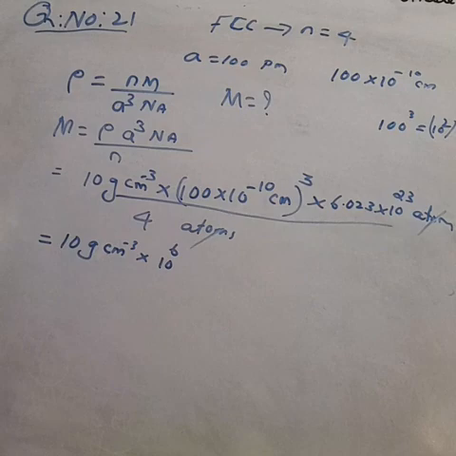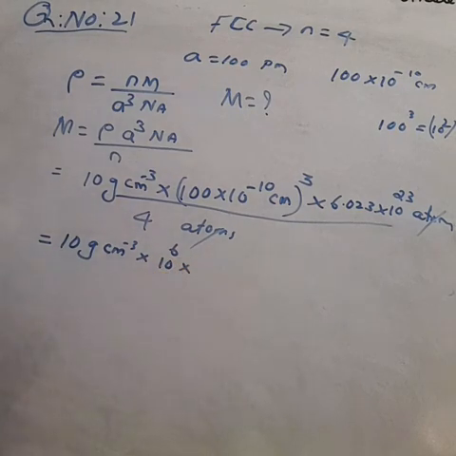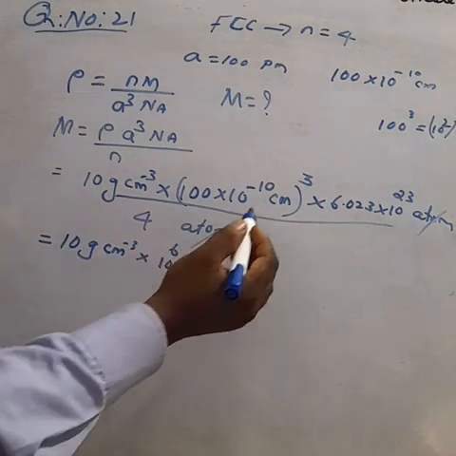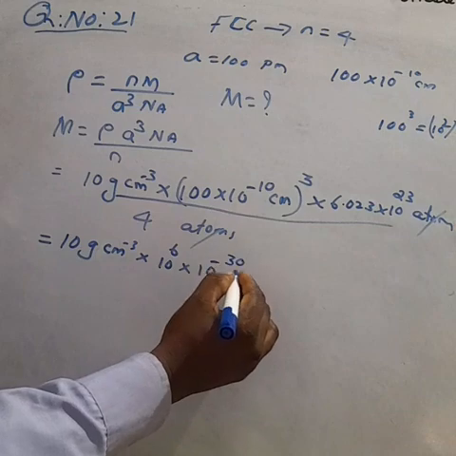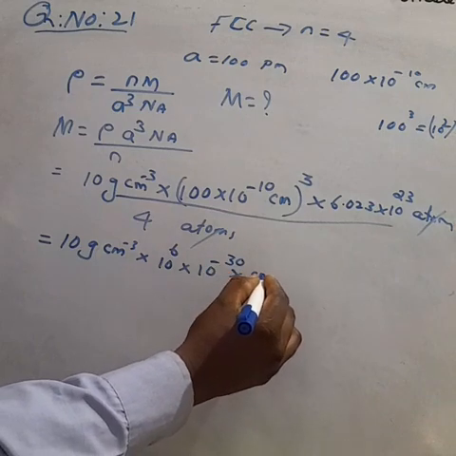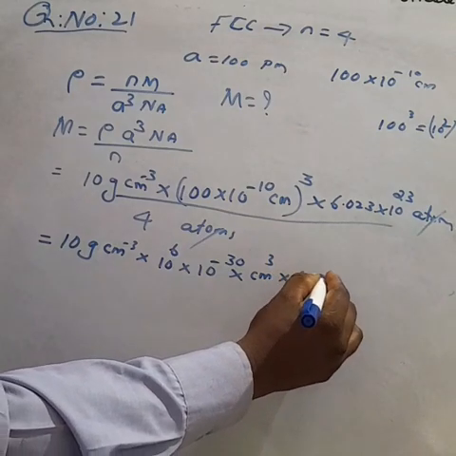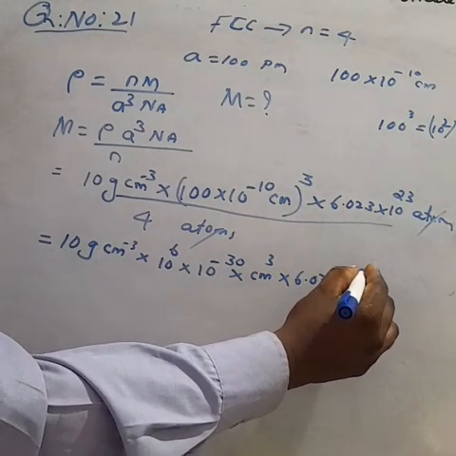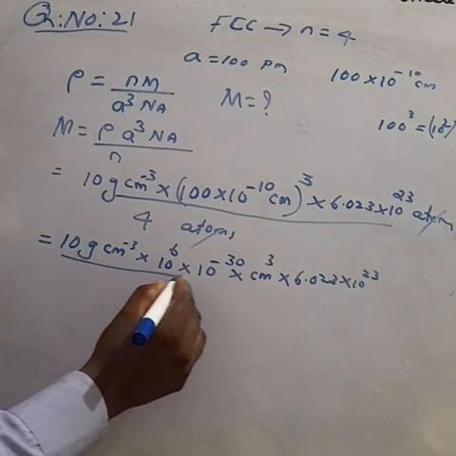Into 10 raised to minus 10 cubed, which we can write as 10 raised to minus 30. Centimeter also has cube, so centimeter cube, into Avogadro number 6.023 into 10 raised to 23 mole raised to minus 1.